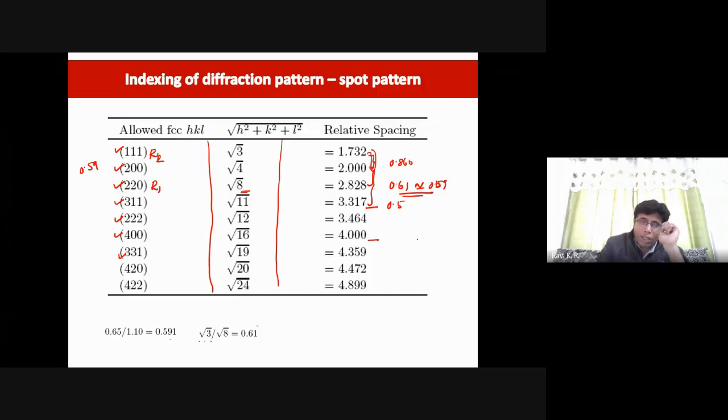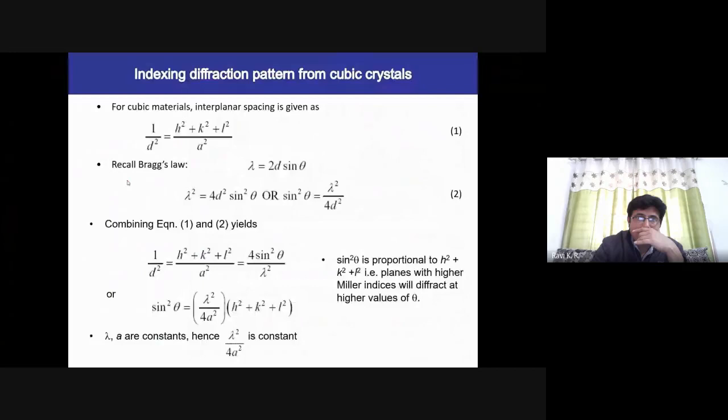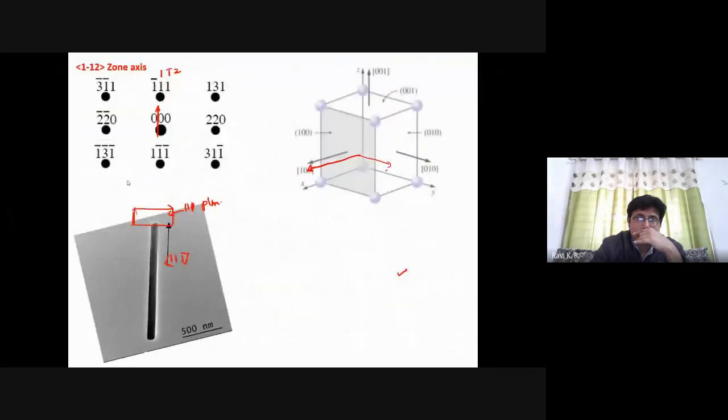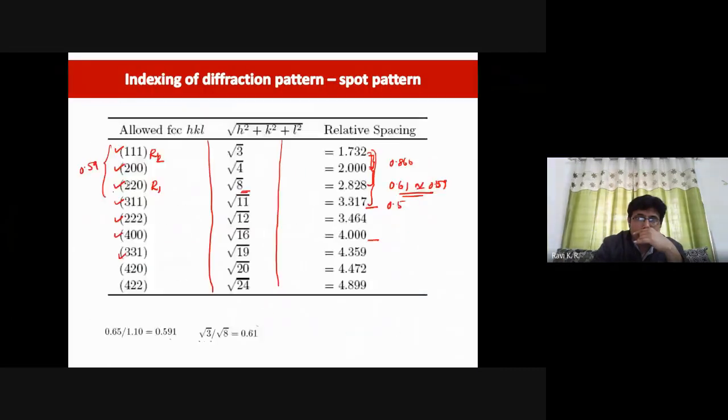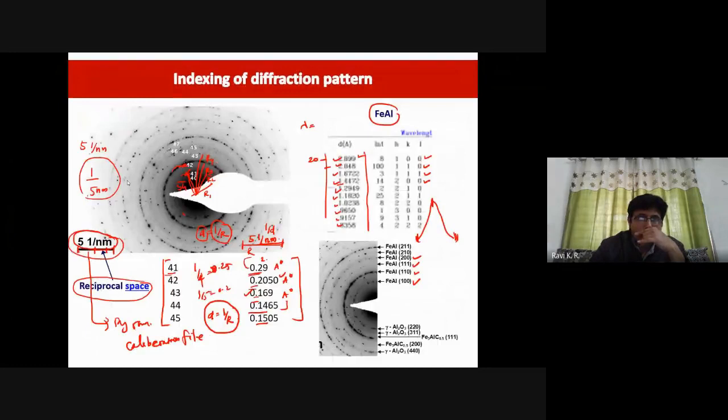But generally, the advantage is that it will be either of these planes only that you will get. When you look at a diffraction, intensity wise also, these planes are going to have higher intensity.